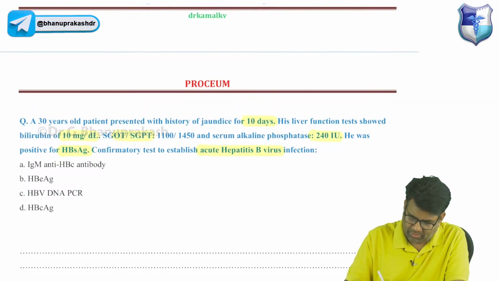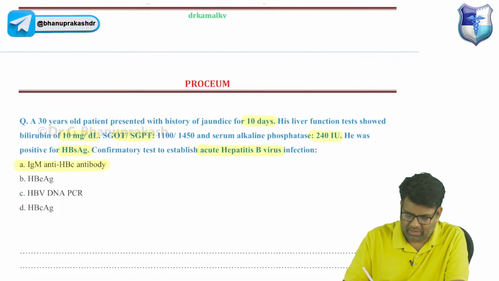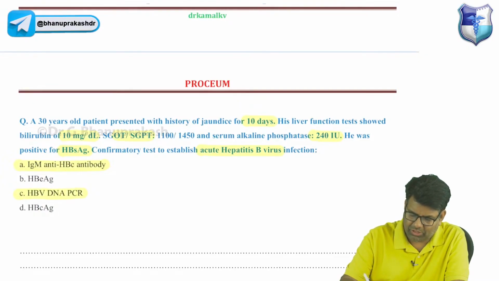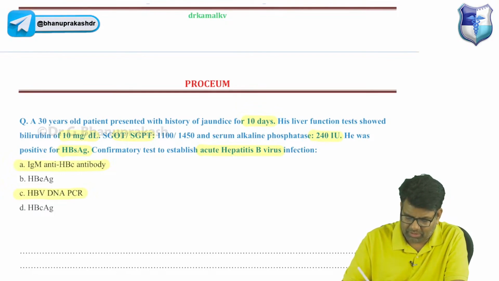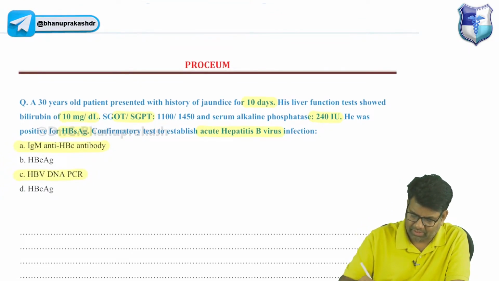Yes, you can go for anti-core antibody, and even HBV DNA PCR is okay. Both can be the answer.